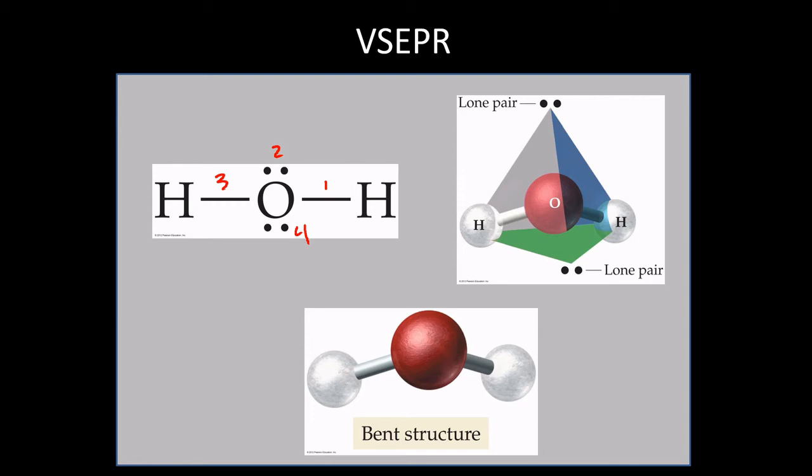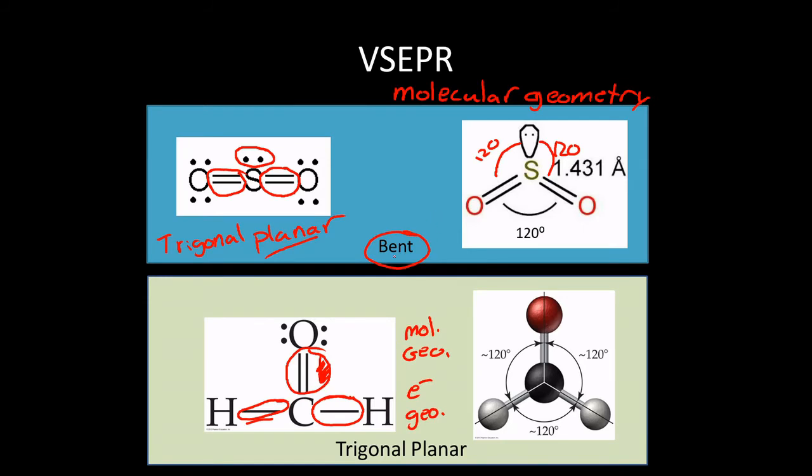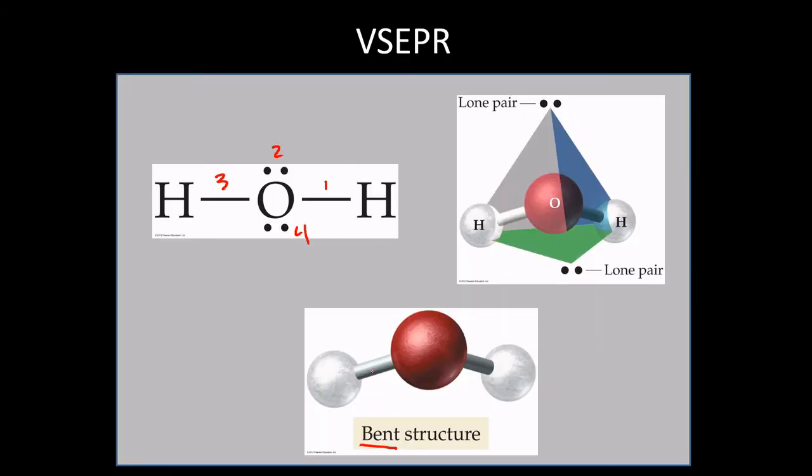But for these types of molecules where we have 2 lone pairs and 2 bonds, the molecular structure is going to be called bent. Just like back here, where we had 3 groups and one of them was a lone pair. And the reason for that is if you look at the shape, this shape, if we're only looking at the bonds, is remarkably similar to that.